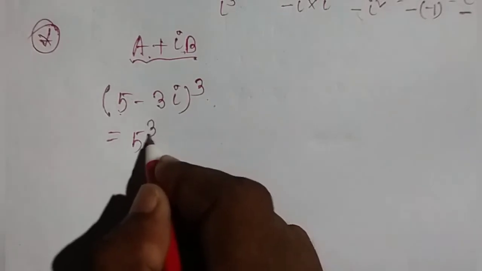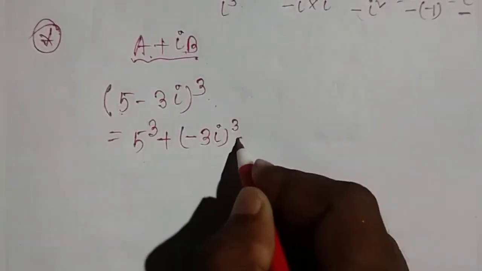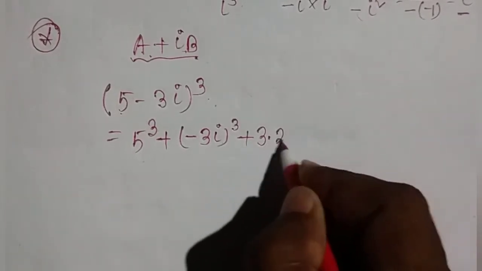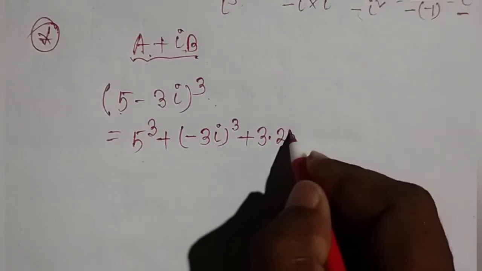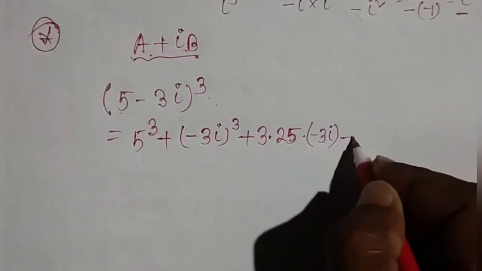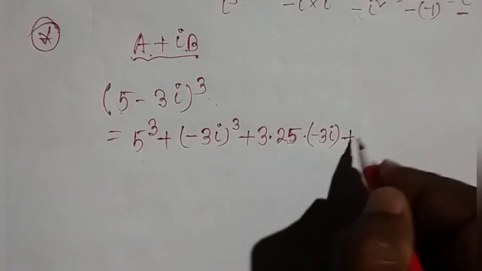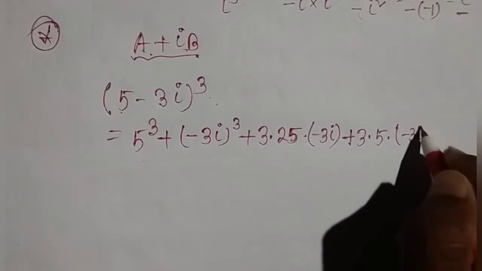Here is a cube minus b cube plus 3 into a square into b plus 3 into a into b square.